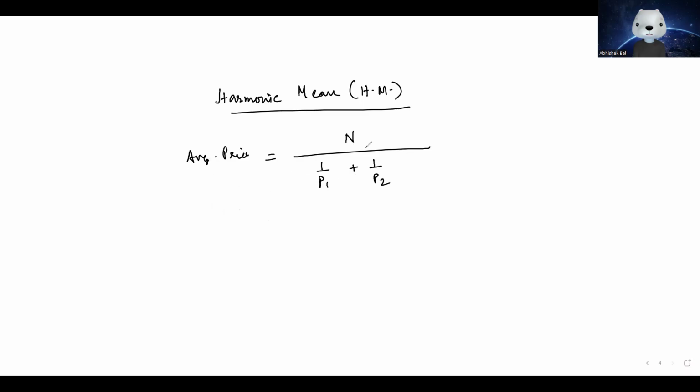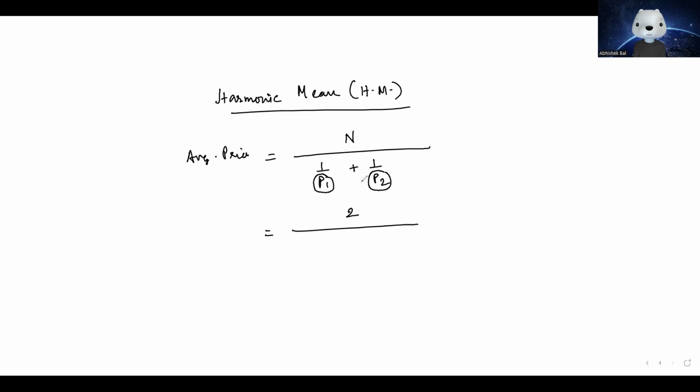Okay, so the N out here represents the total number of stocks that's there, and the price P1 reflects the price of the stock in month 1 per share, and P2 reflects the price of the stock in month number 2.